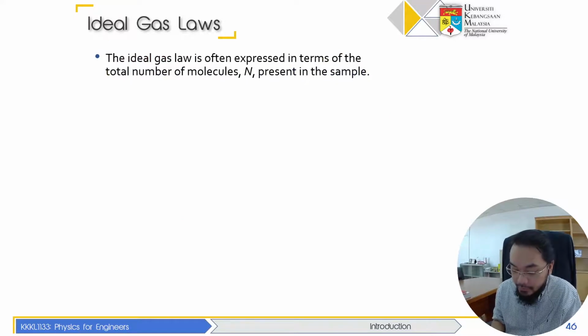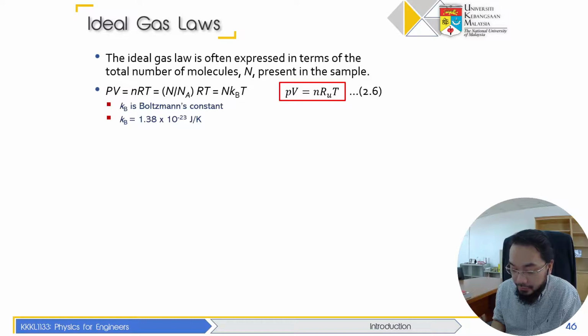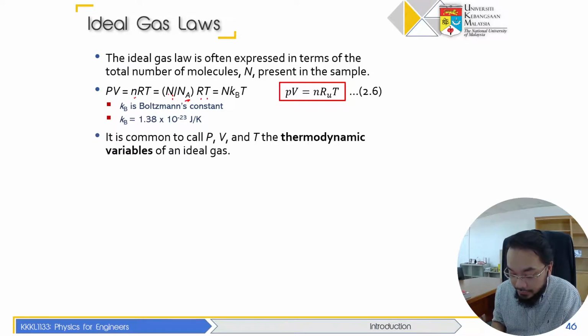The ideal gas law is often expressed in terms of the total number of molecules, which is N, present in the sample. So we can have PV equals nRT, which is equal to N over N_A times R times T. Small n is the number of moles, big N is the actual number of molecules, N subscript A is Avogadro's number, and R is your gas constant.